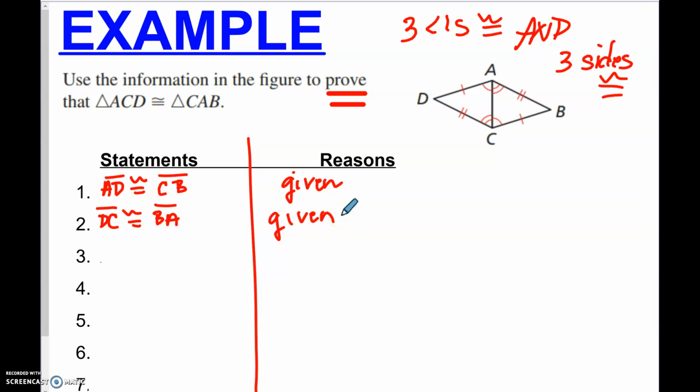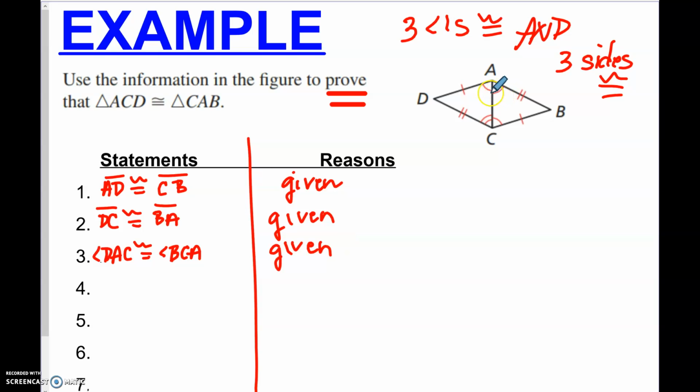All right, then it looks like we have angle DAC is congruent. So I'm naming the angle with the single mark. So over here, I'm going to name this BCA. And again, that is given to me by this diagram. I didn't have to make anything up. I didn't have to use any theorems. It's given to me.